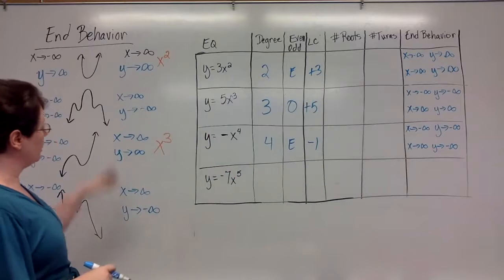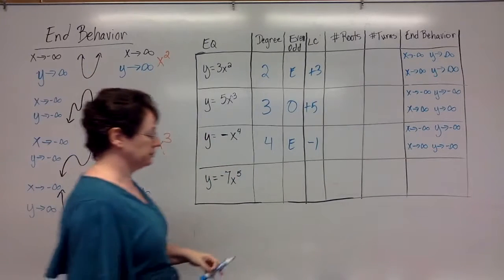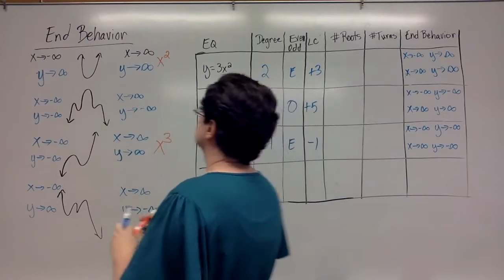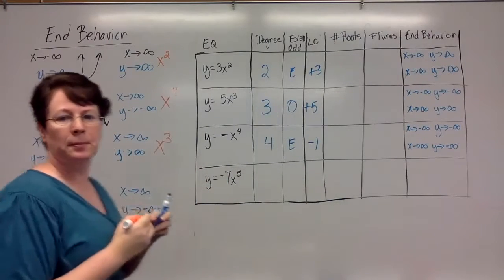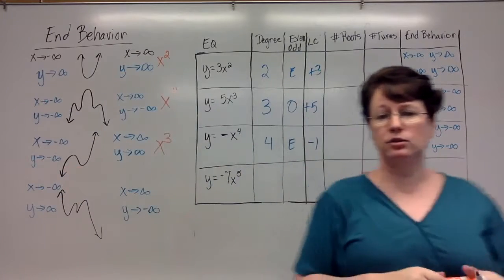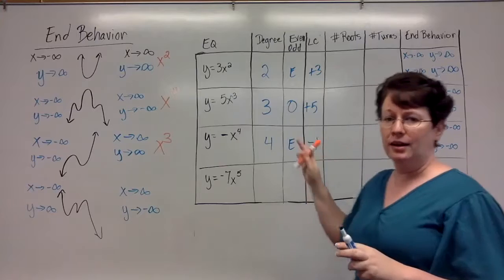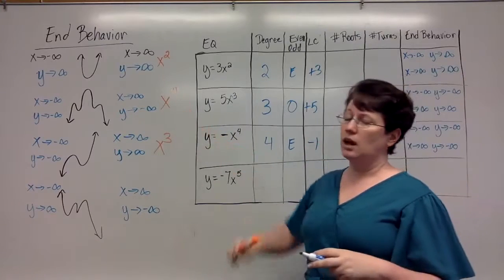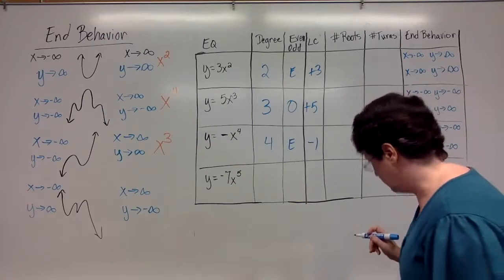So which of these pictures would be an x to the 4th? Yep. Now, it's not a plain old x to the 4th, right? It had an x third, x cubed, x, and other terms in the equation to get that graph. All right, but it is an x to the 4th. It is a quartic function.